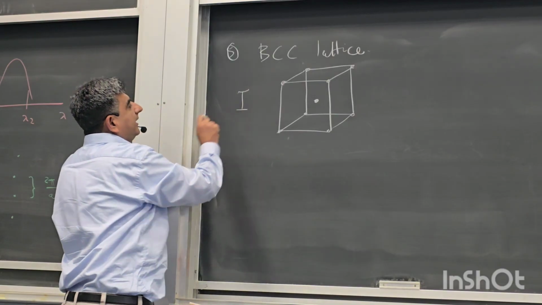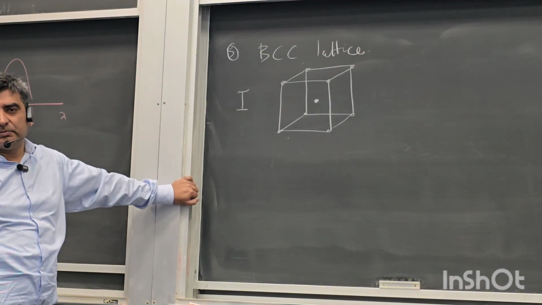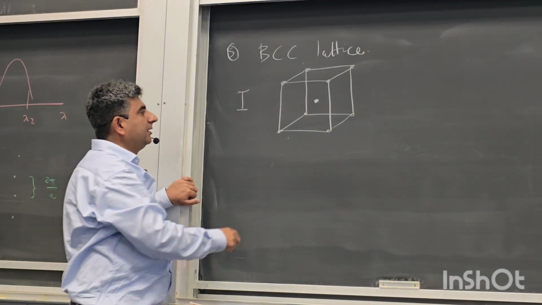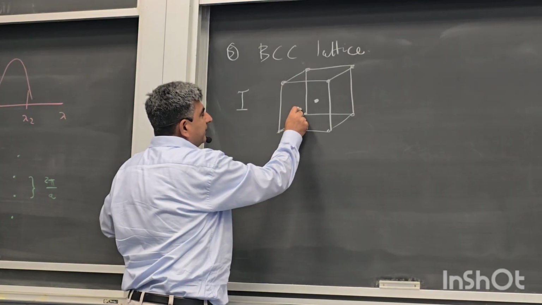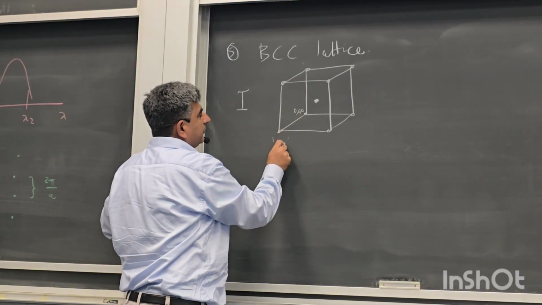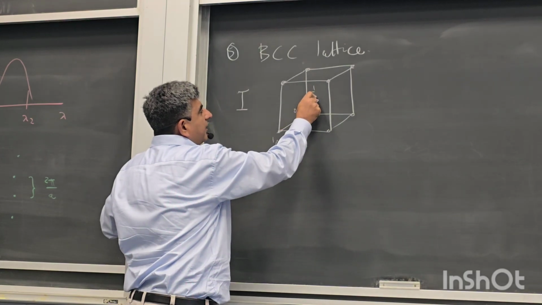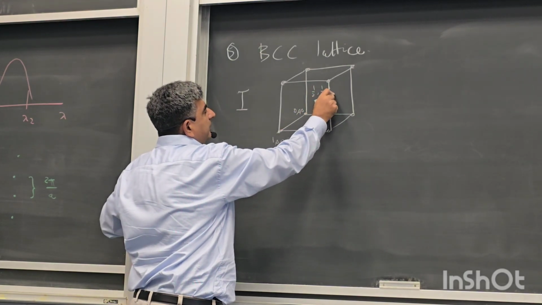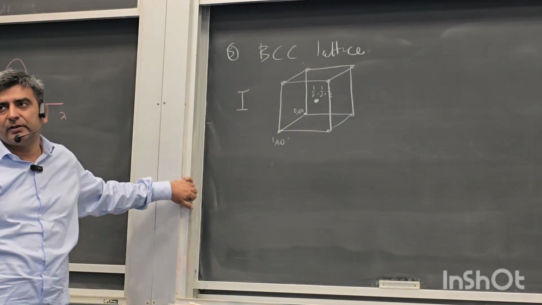So this is the I lattice. So this point is 0, 0, 0. This point is 1, 0, 0, right? This point is half, half, half, the fractional coordinate of the body centered point.